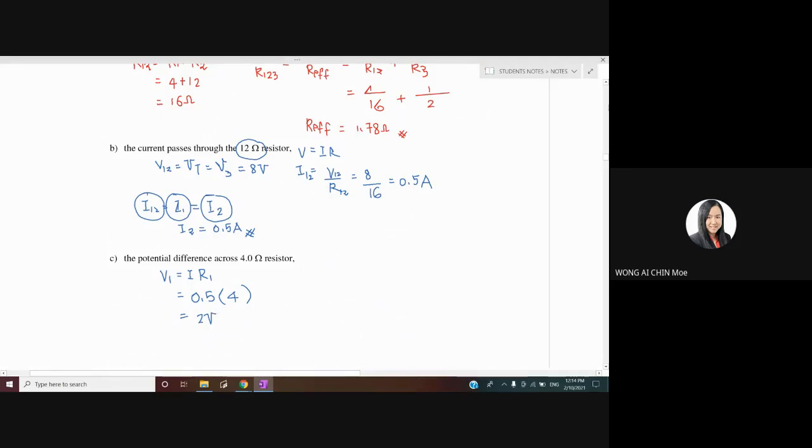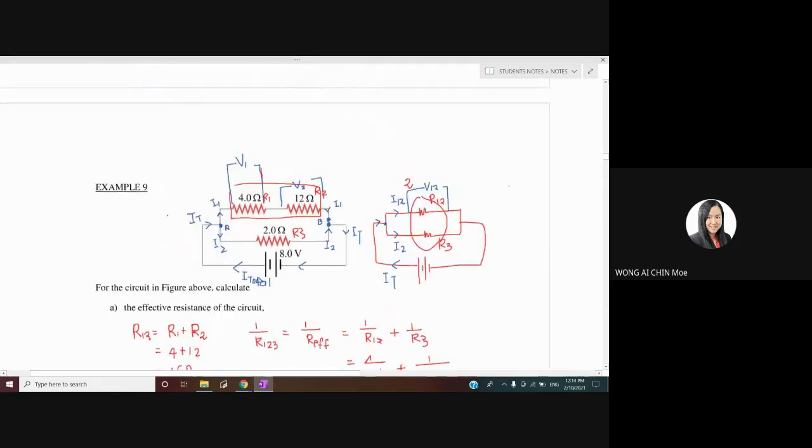If V1 is 2 volt, you refer back. If V1 is 2 volt, meaning that V2 is equal to 6 volt, because 2 plus 6 is equal to 8. And the current flowing through R3, of course, we can calculate as well.